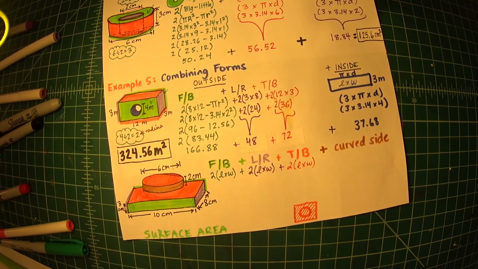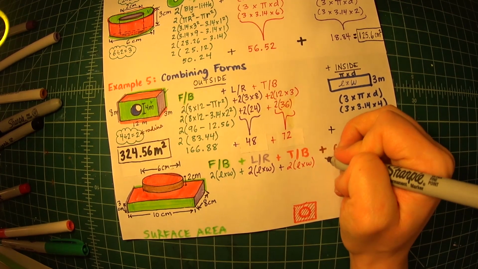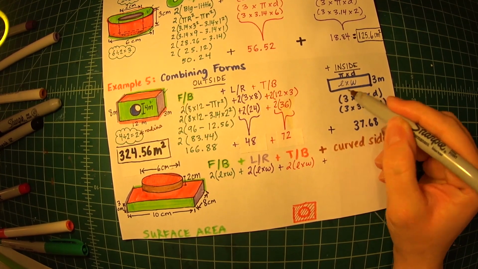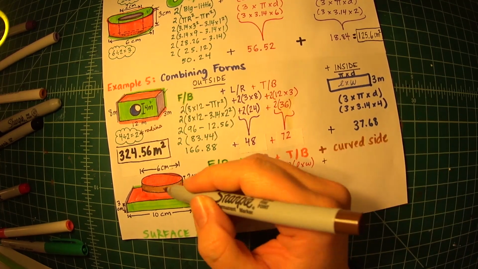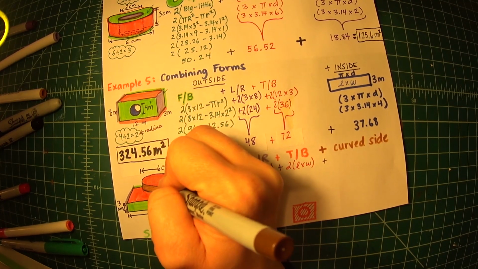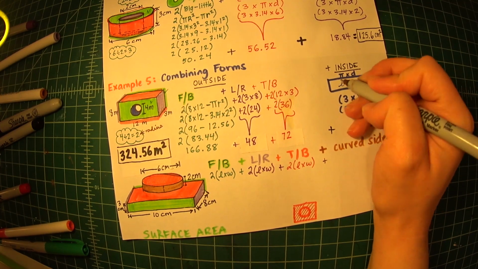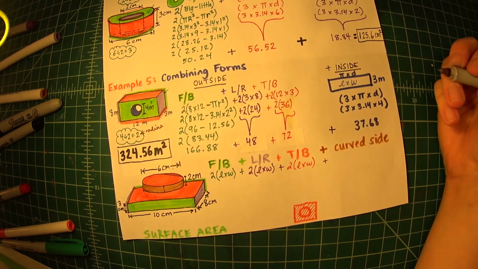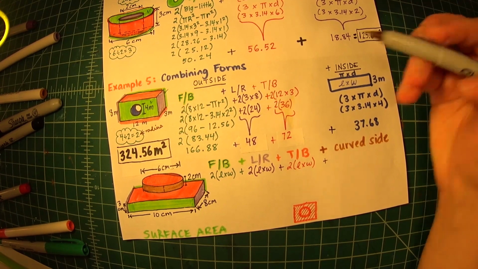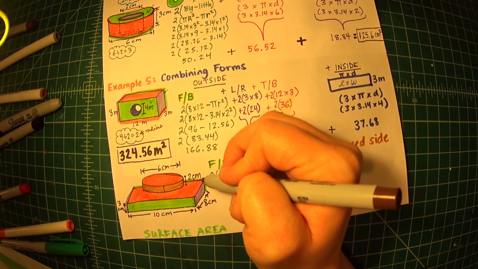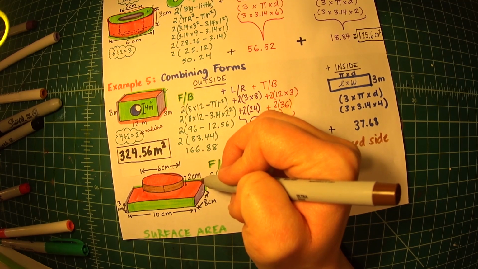Okay, and then lastly, the last part of my formula here is the curved surface, which just like I said up here, if we were to make a cut and lay it flat, it would just make a big long rectangle, and the length of that rectangle would be the same as the length of the cylinder. That part doesn't change, so 2 centimeters.